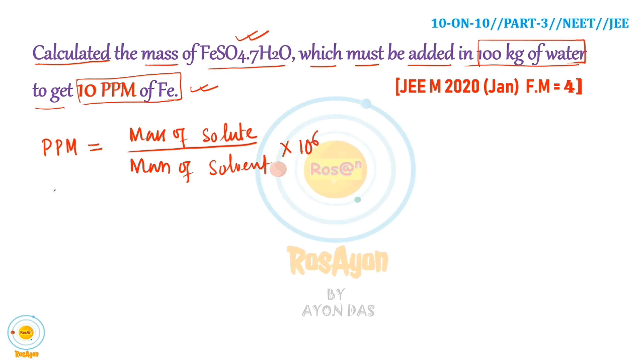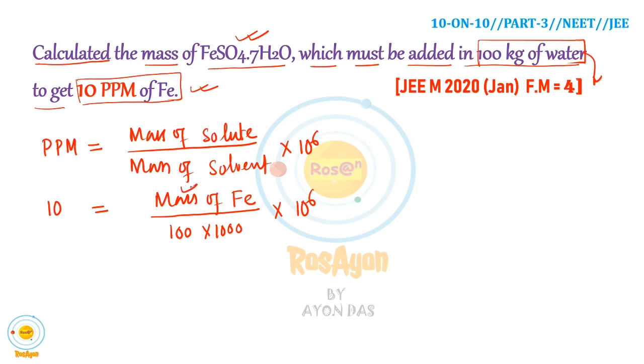Now here the concentration is given, 10 ppm, that is equal to mass of solute, here the solute is Fe, divided by mass of solvent, which is given as 100 kg and you convert it into gram, so into 10 to the power 6.